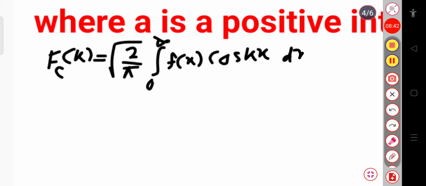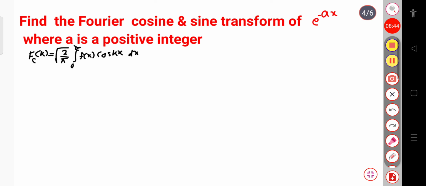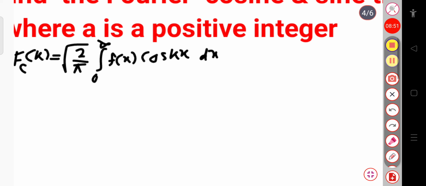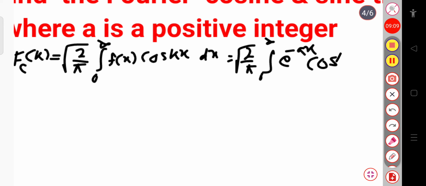And here f of x is exponential minus ax. So if I put f of x equal to exponential minus ax, then this will be equal to root over 2 by pi integration over 0 to infinity exponential minus ax into cosine kx into dx.